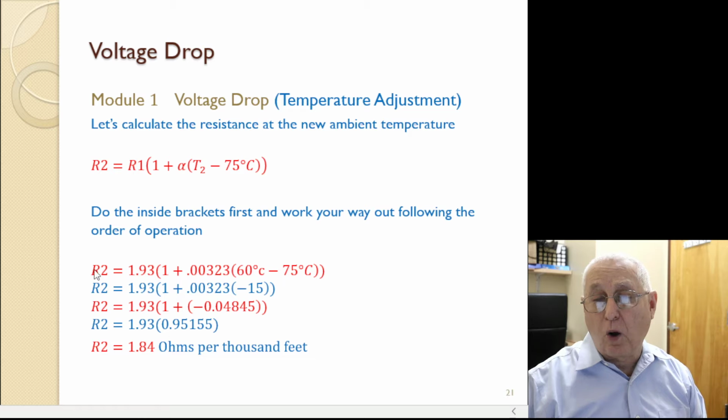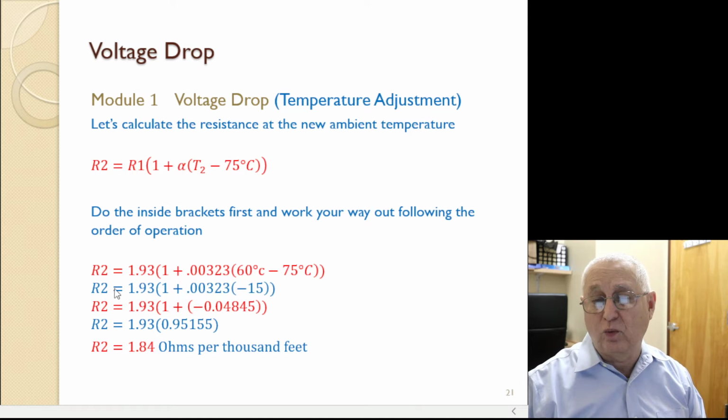PEMDAS, parentheses first, inside parentheses, work your way out to clear these outside parentheses, and finally multiply by this R1 value. So R2, this is what we want to calculate, equals 1.93 ohms, which is R1, times 1 plus alpha for copper, which is 0.00323 times, in parentheses, 60 degrees C minus 75 degrees C. We're going to start with the inside parentheses first. 60 minus 75, you're going to get a negative 15.